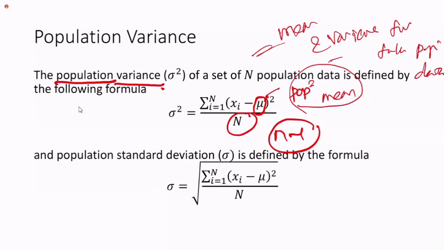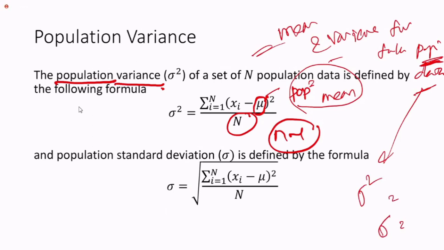You have to find the mean and variance for the following population data. Population data, yes, a hint. That means you have population data. So if you have population data, please remember, keep in your mind, you have to use this formula, sigma squared or sigma.